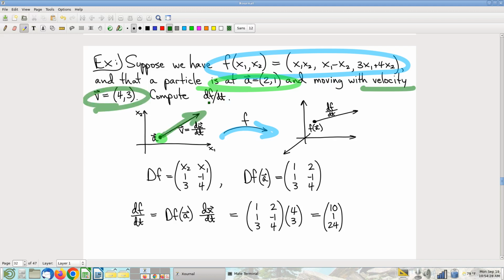So I've got an input location and velocity, and I want to know my output velocity. Well, this is what derivatives do. I have an input velocity, I want the output velocity, and the derivative of f does it for us. So input velocity 4, 3. I need to know the derivative matrix, so I've got to look at this f function and compute its derivative. I've got to evaluate that derivative at the point where I'm at.